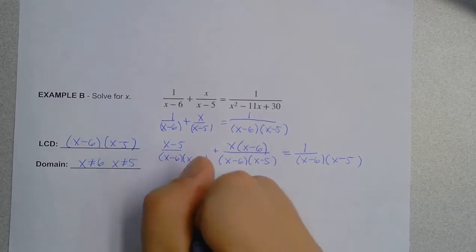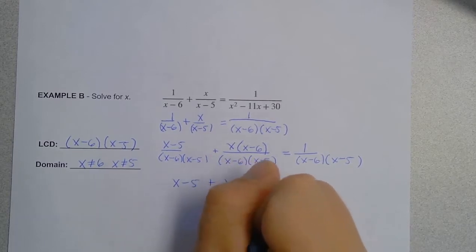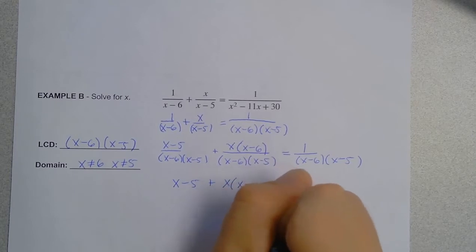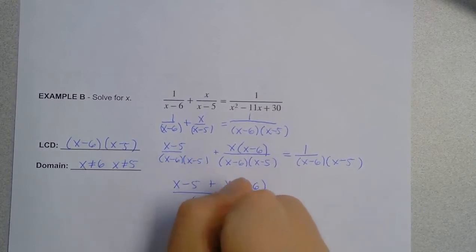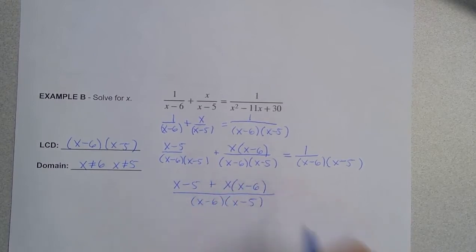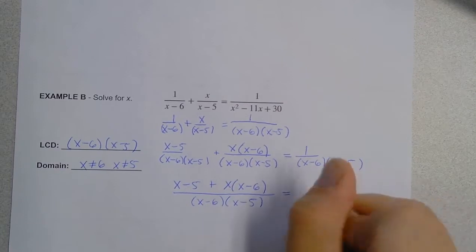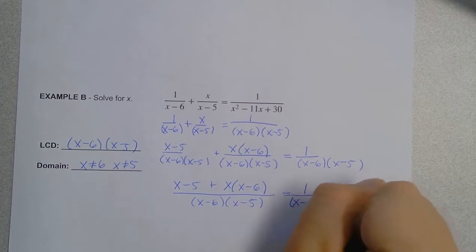So then what I'm going to do is I have x minus 5 in the numerator plus x times x minus 6. And then combining that with a single numerator, I have x minus 6 times x minus 5 is equal to 1 over x minus 6 times x minus 5.